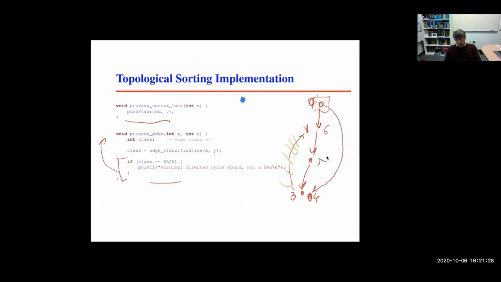You're starting from a node, and the moment you discover somebody else, you are pushed on the stack. And we now work from the new node, right? You may have other edges coming out of you, but we're not going to explore them until we have completely explored everything reachable from your first child, right?